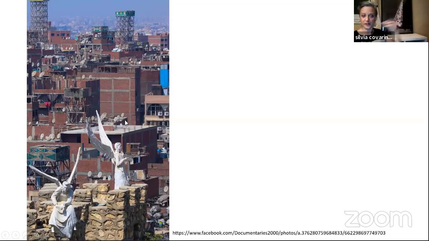This is another image, and probably from Garbage City, I'm not sure, but anyways, it's regarding the informal Cairo, how we can understand, how we can perceive, how we can work, because as an architect, as a designer, we are working a lot with these tools and with this skill. But at the same time, it could be a piece of art. I mean, we can really become a great observer of the city.